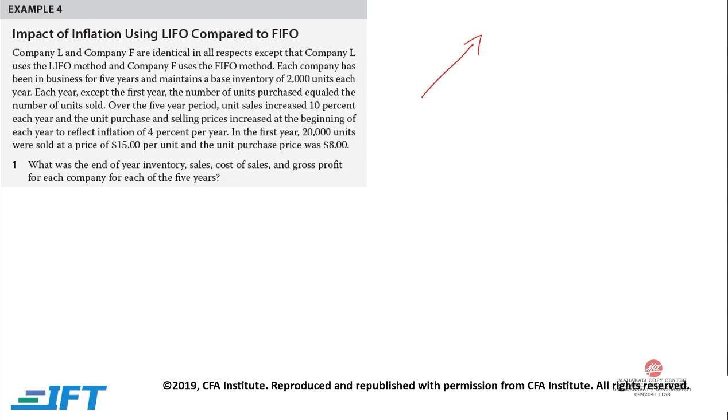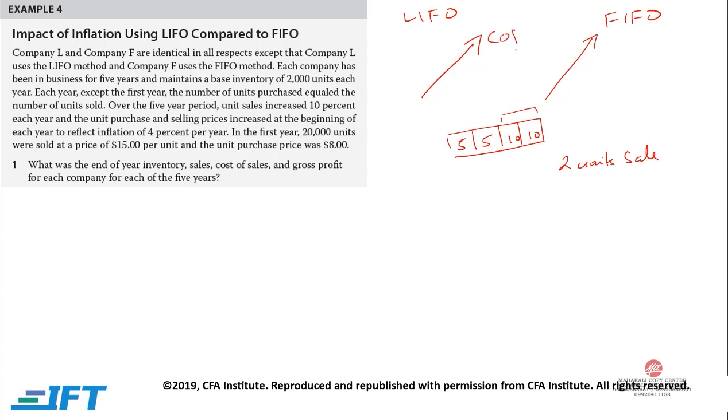When prices are going up, if we are using LIFO, last in, first out, and if we are using FIFO, first in, first out, and let's suppose we made 4 purchases, $5 initially and then $10, and we made 2 units worth of sale. Now, if it is last in, first out, the cost of goods sold will be of these two. So the cost of goods sold would be high, and the ending inventory would be these two.